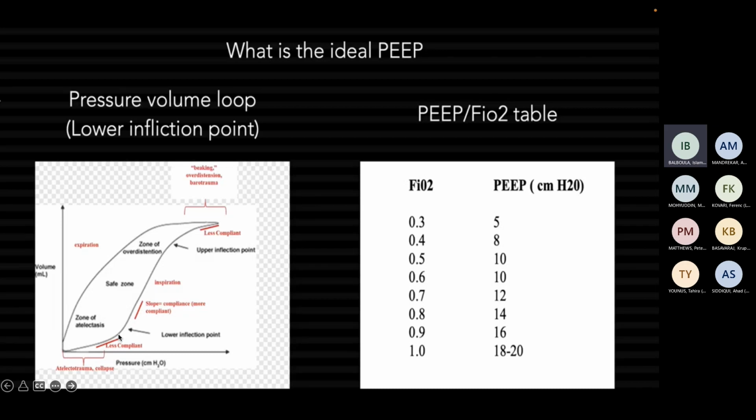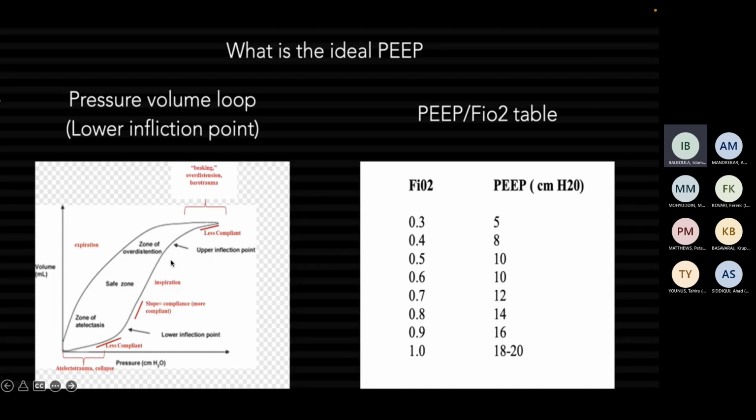We call this point the upper inflection point. And then at this point, again, with increasing the pressure, we are not achieving much increase in volume. So simply our ideal PEEP should be between the lower and upper inflection point.